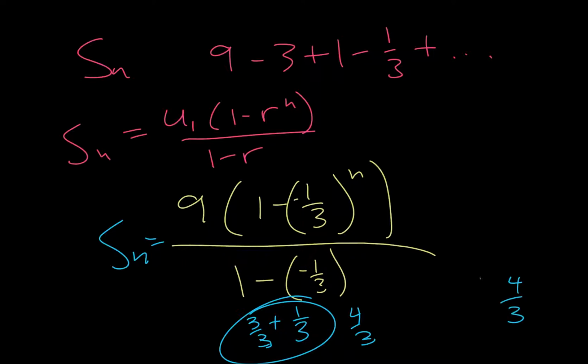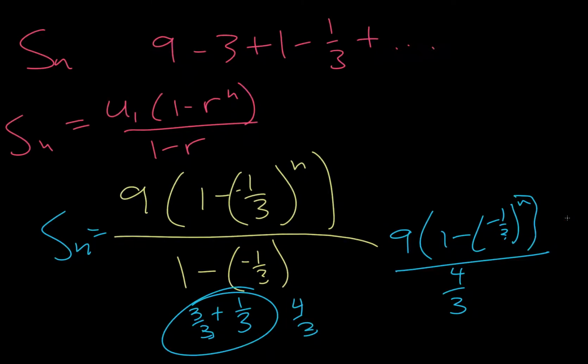Still have our 9 out in front, 1 minus a negative 1/3 raised to the n. Now, we can't do anything about these two negatives because with PEMDAS, exponents come before multiplication, and so we'd have to apply the n before we could worry about these. So unfortunately we just have to keep that weird looking double negative thing going on.